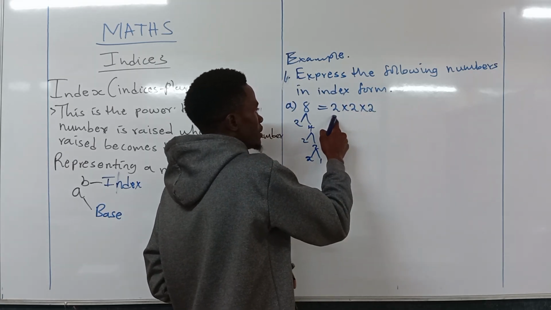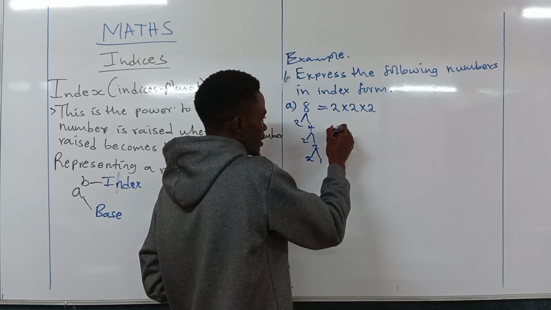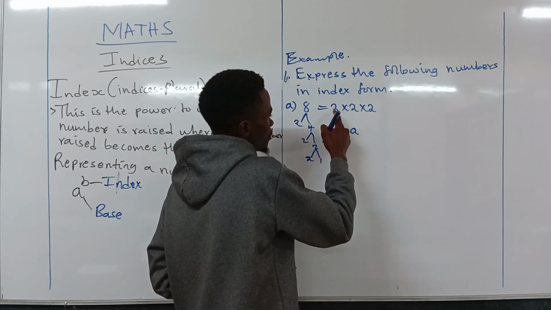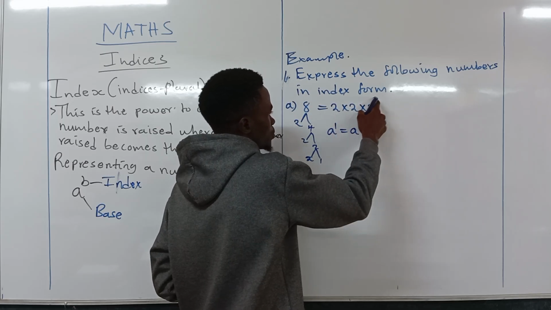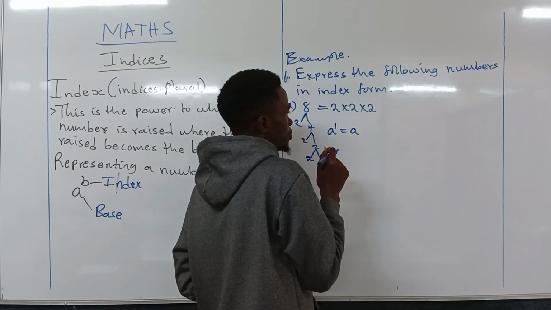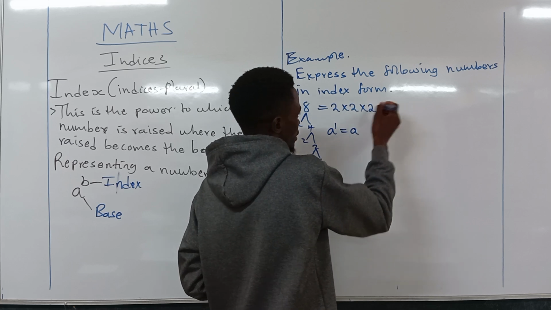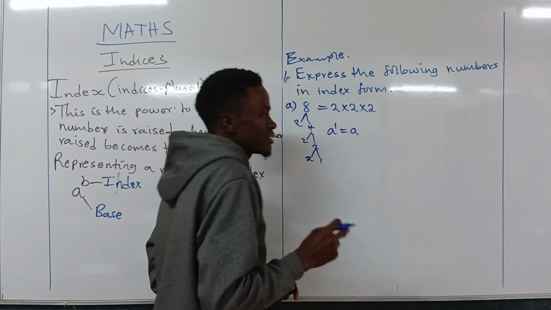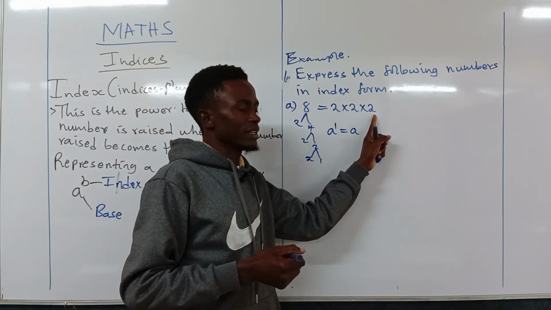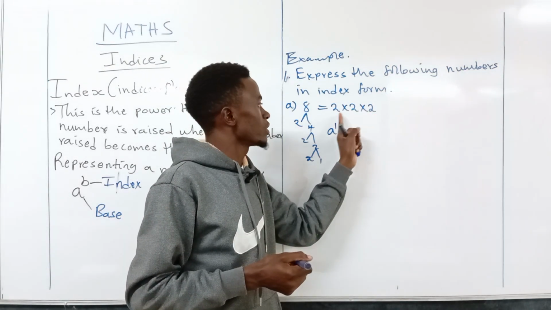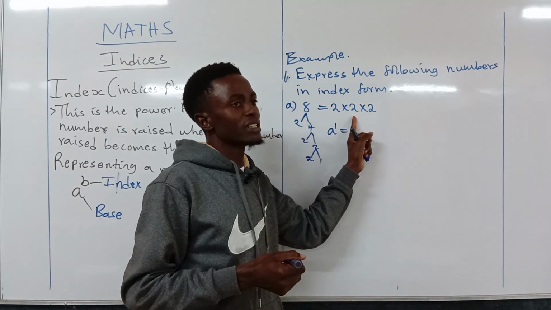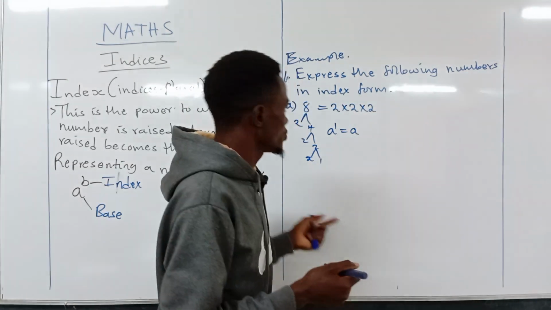A number a raised to power 1 is the same as a, so we have 2 raised to 1, three times. We have 2 repeating itself thrice.